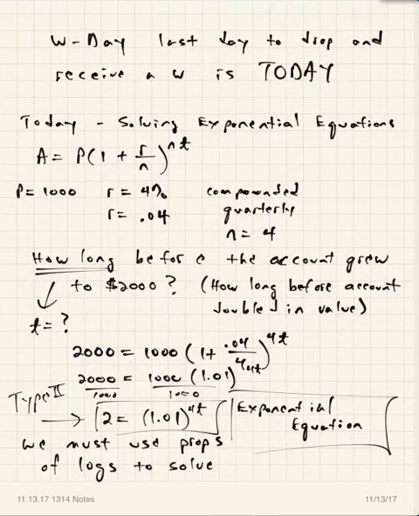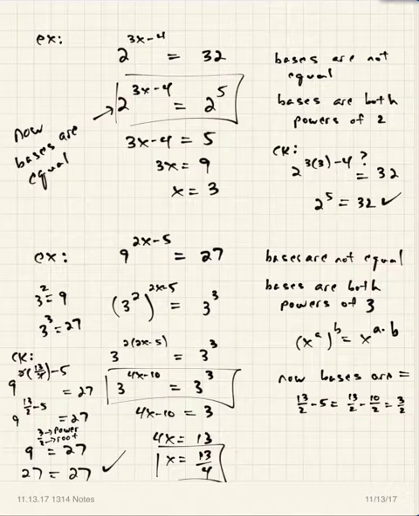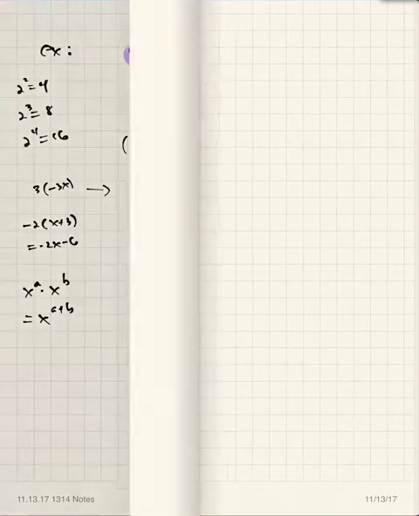If you look at the bases there, like here I've got 2 equals 1.01 to the 4t, there's no way that I can get the bases to be equal to each other.